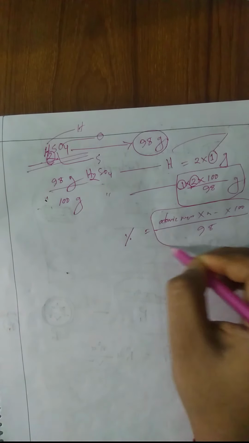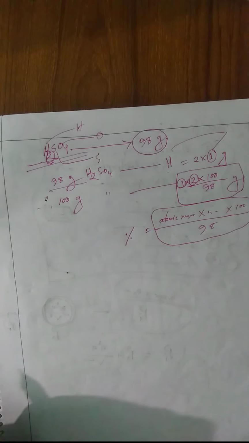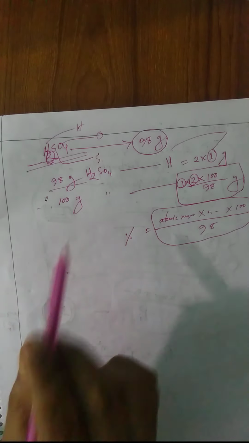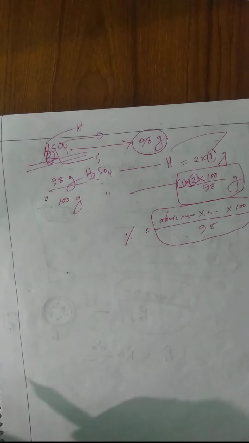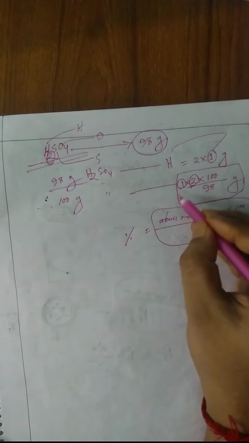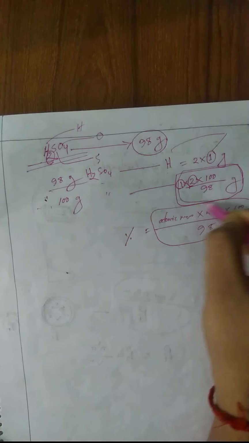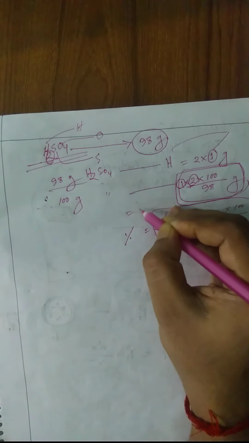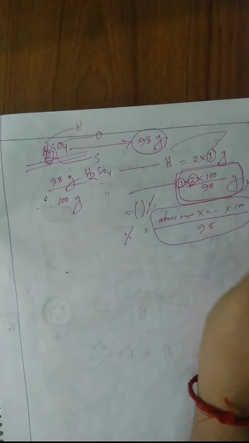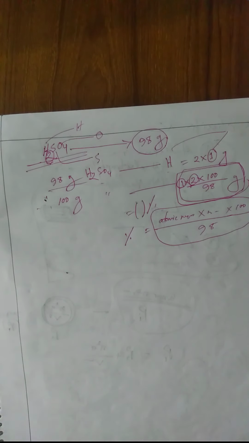So we can use this equation to calculate the percentage composition of elements in compounds. From this calculation we will get the percentage of hydrogen in H2SO4.